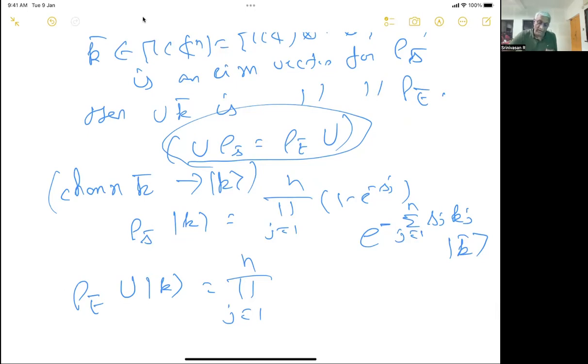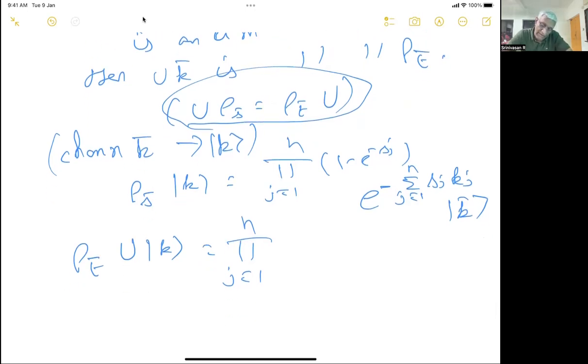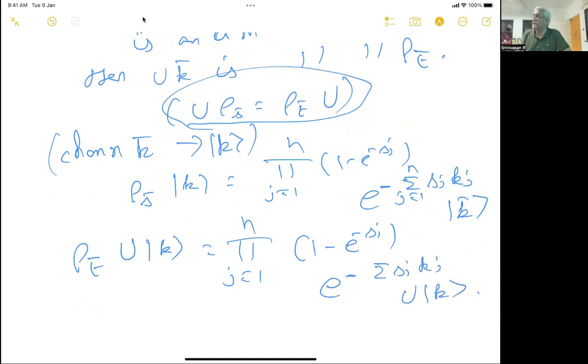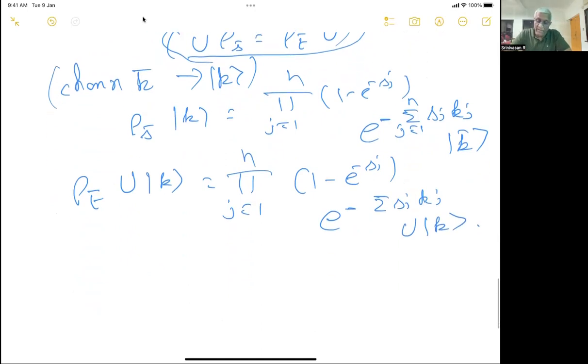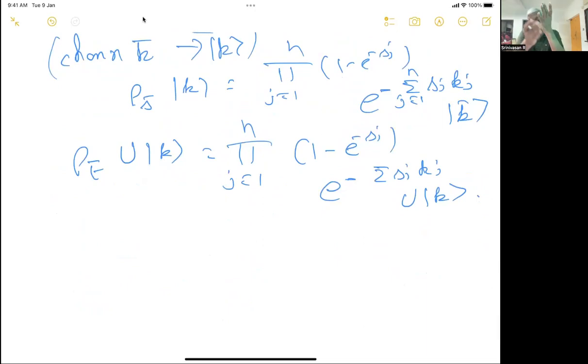Okay. So we want to see what is the corresponding vector, which will look like 1 minus e power minus Sj. But we know that this product and that product are same, so we don't have to worry about that. Okay, e power minus Sj Kj with the same UK. Right? That's what you will get. Now we want to compute UK, but we know that UK will be some other K prime.